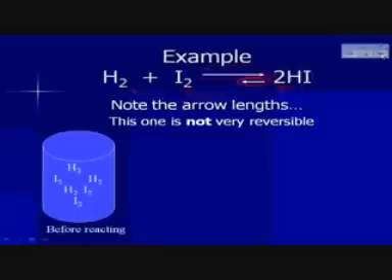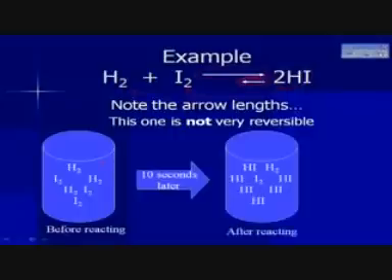We start out before the reaction with a mixture in this container of hydrogen and iodine, both reactants. 10 seconds later, though, we might see in that same container that some of the hydrogen and iodine have reacted to form product, HI.